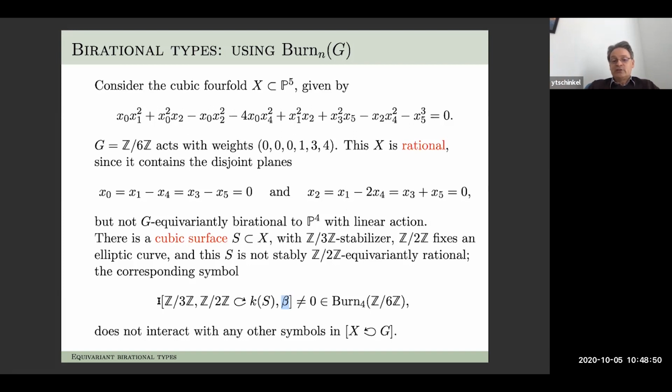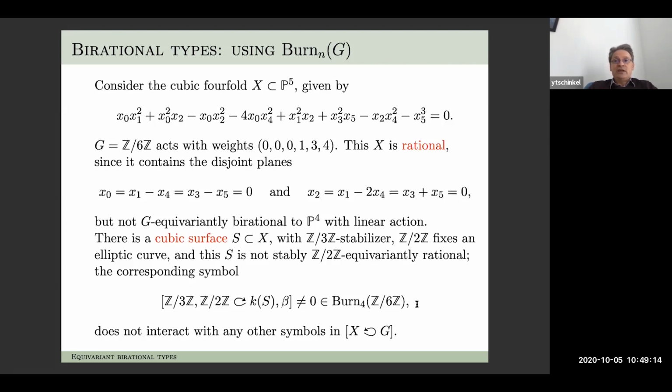So in other words, this symbol in the equivariant Burnside group, Burn_4 of Z mod 6, is non-zero. It doesn't interact with any other symbols there. And so this rational cubic fourfold is not equivariantly birational to P4 for the Z mod 6 action.